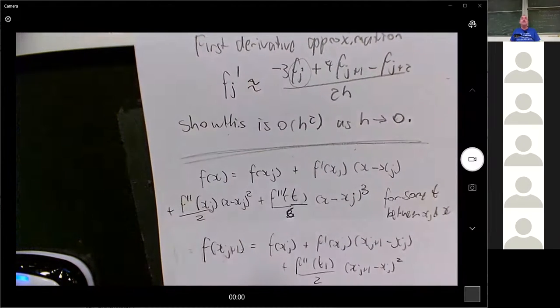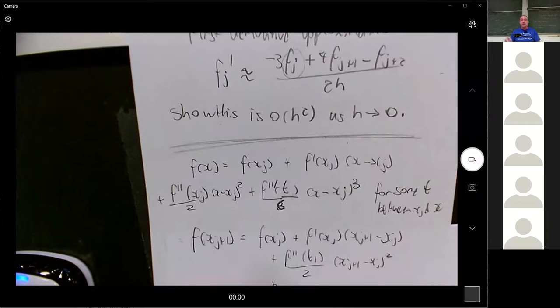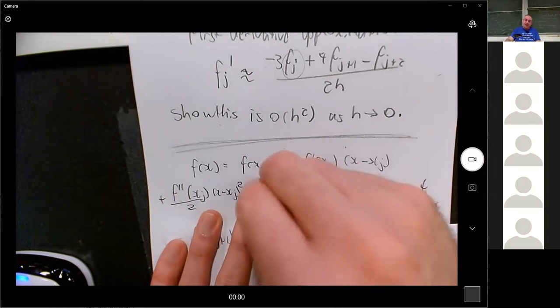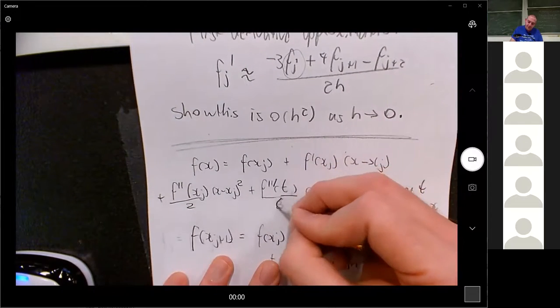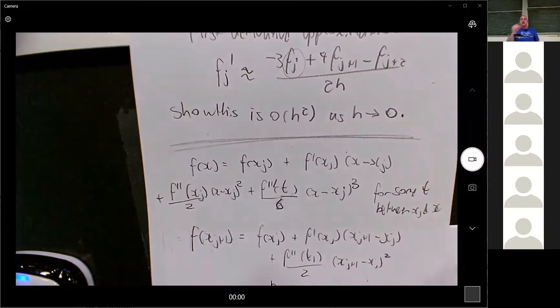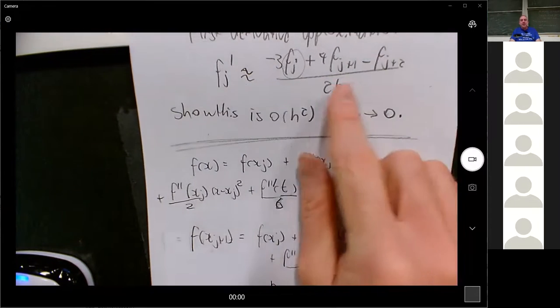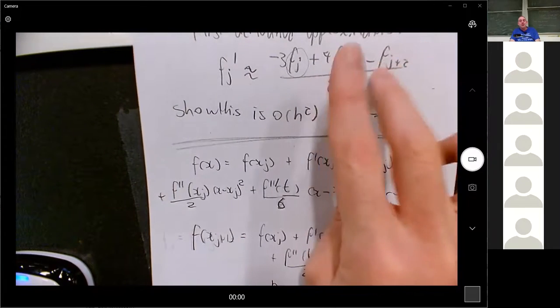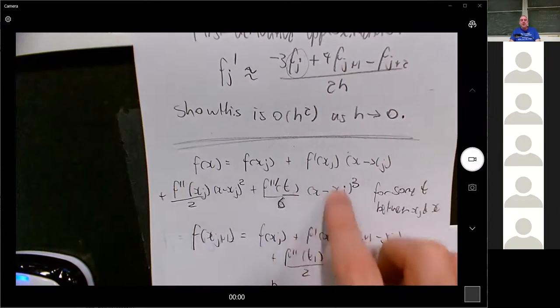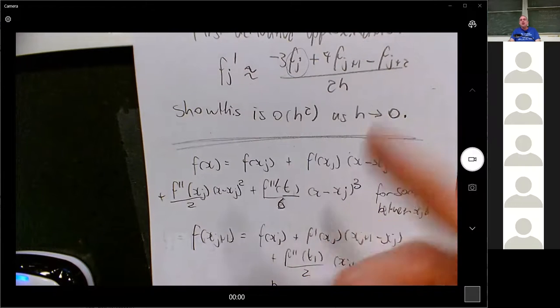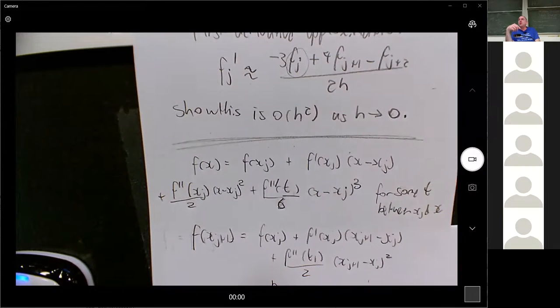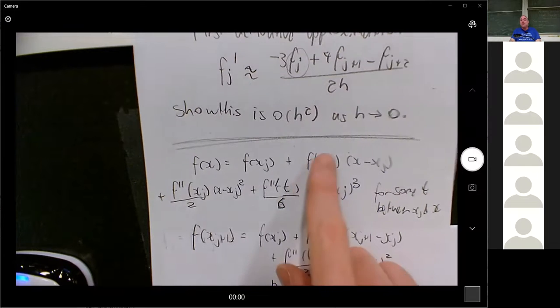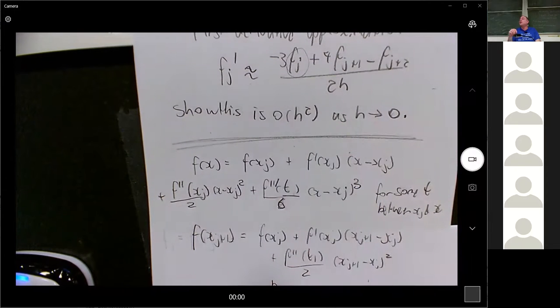So sometimes I have to fix it later. It suddenly occurred to me that if I form this calculation out of these two pieces, there's going to be a piece with an h squared in it, but then I'm going to divide by h, and that'll leave me with an h, not an h squared. So what I need is a piece with an h cubed in it, so that when I divide by 2h, it comes out to have an h squared. Right, so I'm going to do this instead.